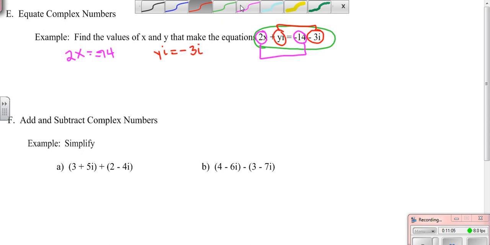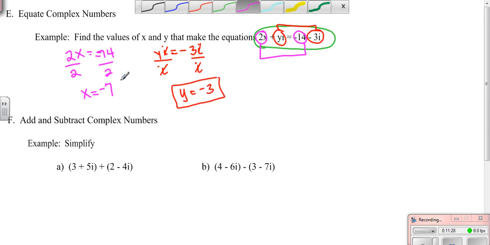And I can solve. Now this is our normal run-of-the-mill solving, so I would divide by 2, and x is equal to negative 7. Here, I'm going to divide both sides by i and the i's cancel, and y is equal to negative 3. And that is how simple it is to solve for two variables with two complex numbers.